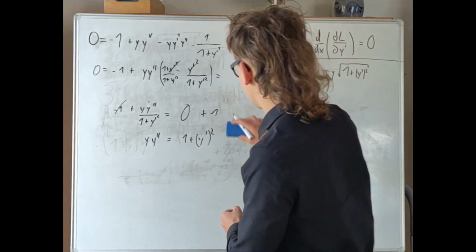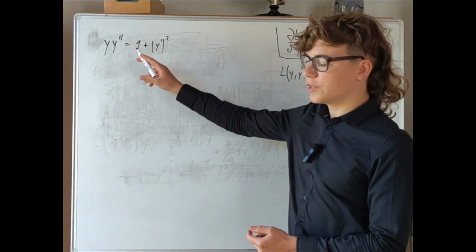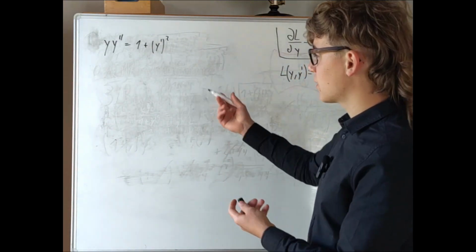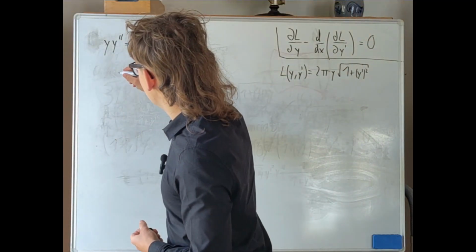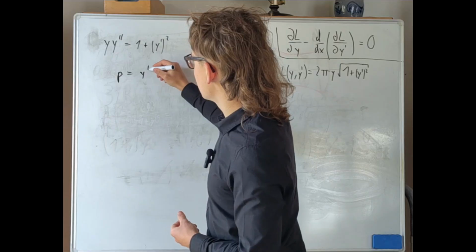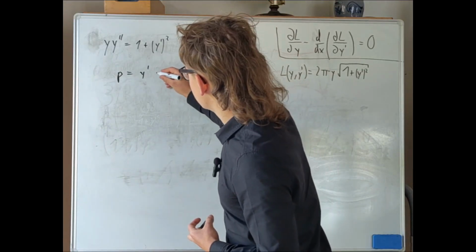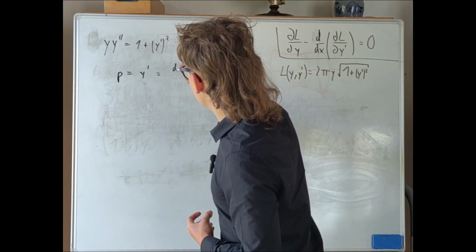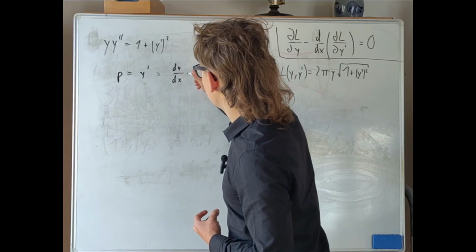So let's solve this. So how do we solve a differential equation like this? So we said, let's just introduce a variable p, and this will be equal to y prime. So this is just equal to dy over dx.